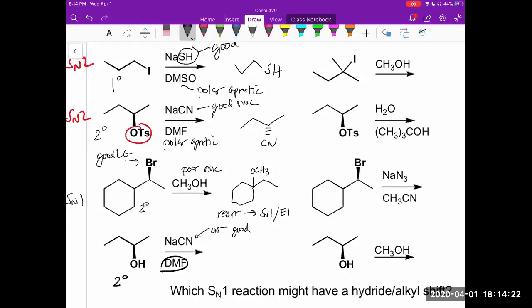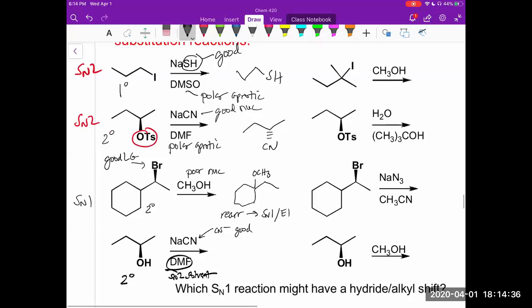Okay. DMF is a good SN2 solvent. So I've got a good nucleophile, good SN2 solvent, secondary substrate, which can do SN2. What's my mechanism? SN2.